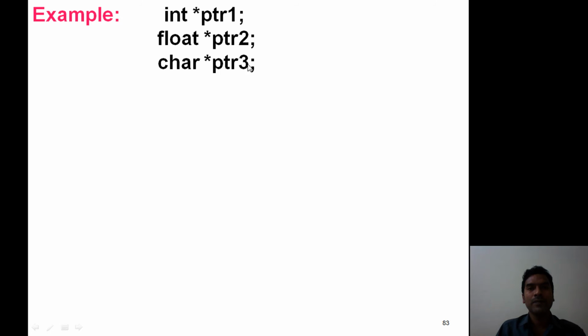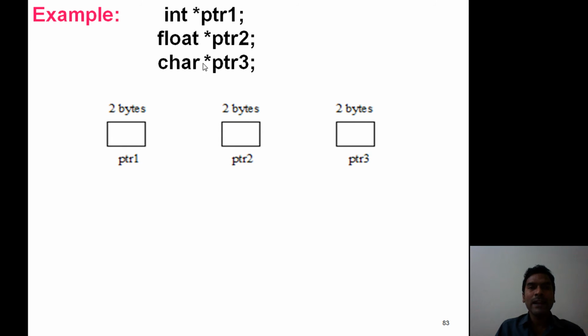Okay? Now, when these variables are declared, the compiler allocates only 2 bytes of memory for each and every pointer variable. Here observe, ptr1 points to integer, ptr2 points to float, ptr3 points to char.